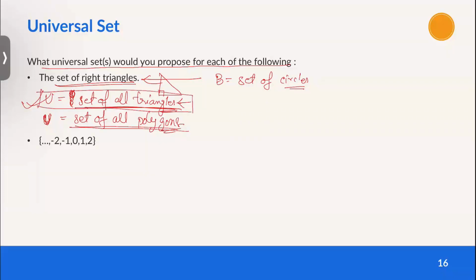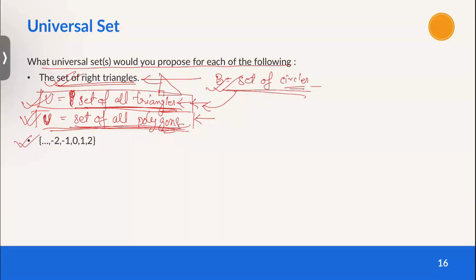If we have two sets, the first set being the set of all right triangles and set B being the set of circles, then this universal set will not have the elements of set B. In that case, the universal set will be the set of all polygons, because a circle is also a polygon and a right triangle is also a polygon.